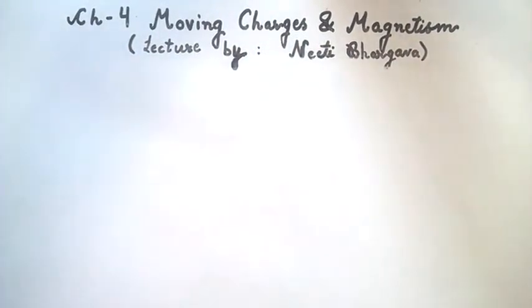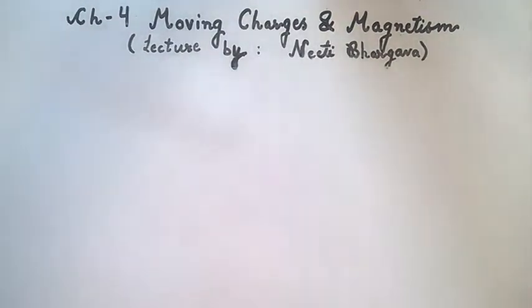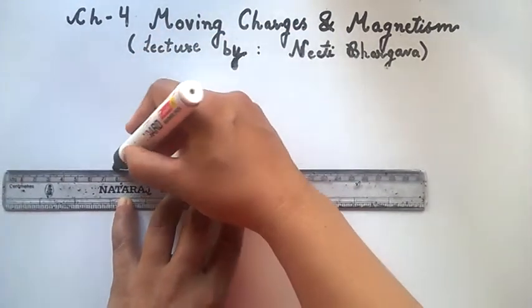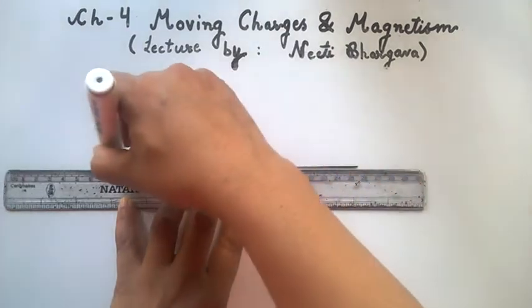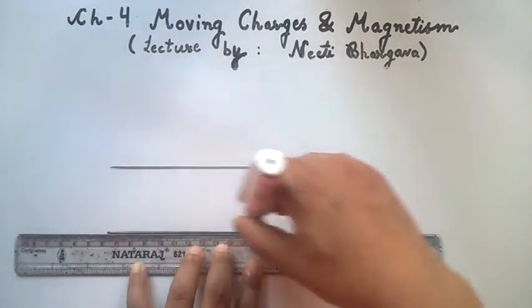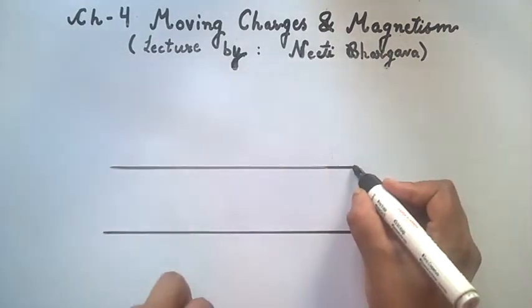When a metallic wire, which is wound in the form of circular coils, is connected with a battery, it will produce a magnetic field inside the circular coil.